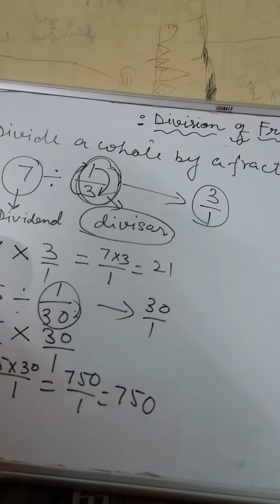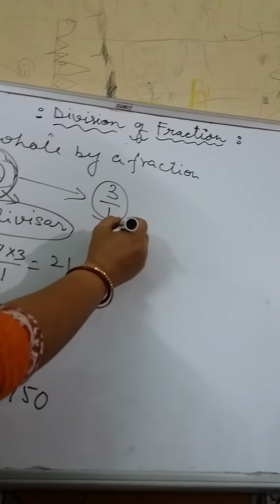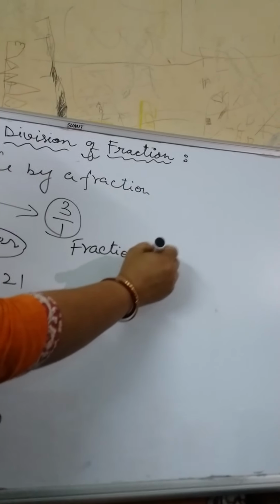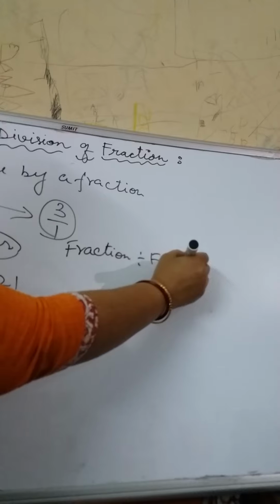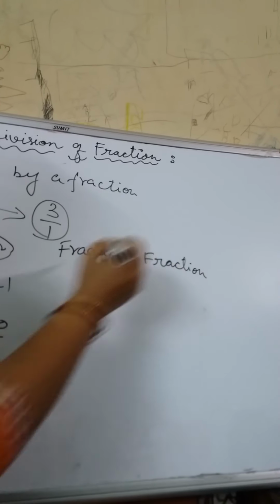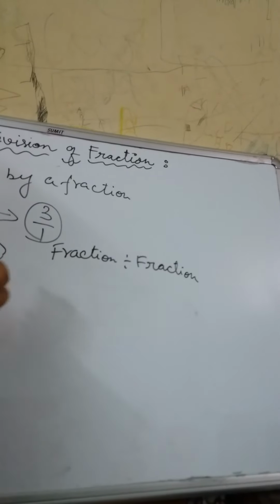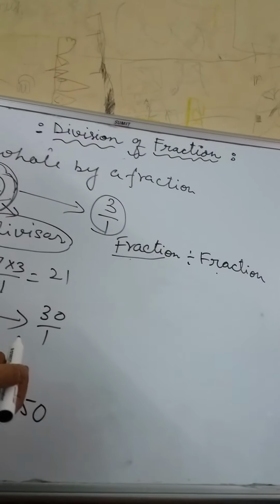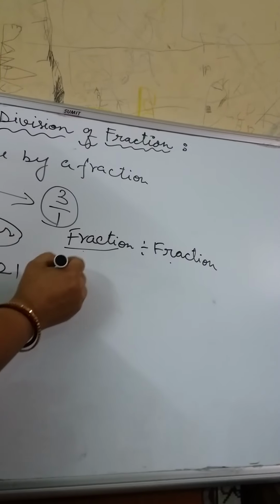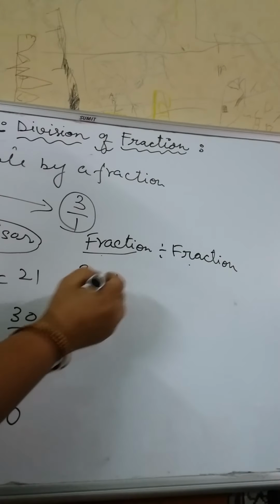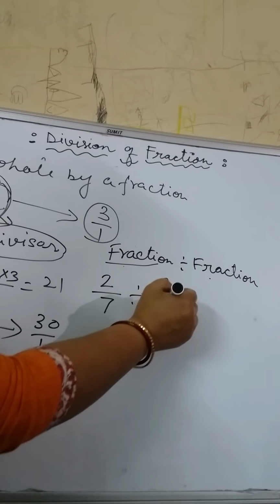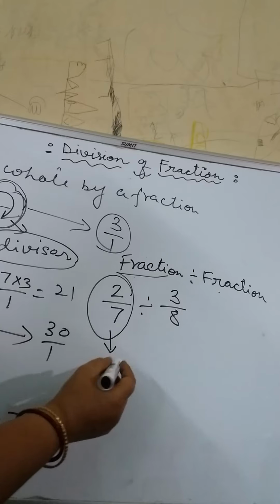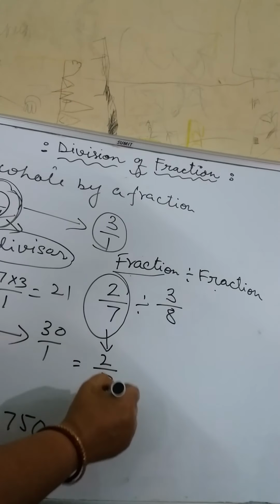Now next is dividing a fraction by a fraction. That means both the divisor and the dividend are fractions. Say 2 by 7 should be divided by 3 by 8. The dividend will remain the same, so you write 2 by 7.